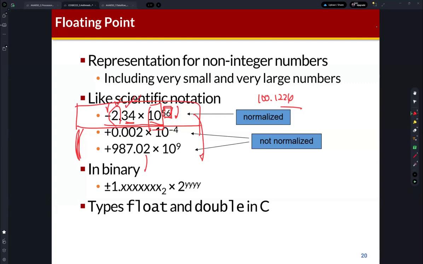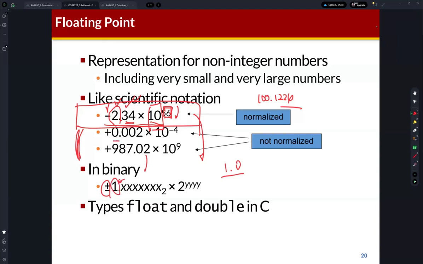Then how about the binary number? We can apply the same approach. Sign bit, and then one digit. So this is the normalized form. But in a binary number, we can have only 1 and 0. And if we use 0 here, then it's not the normalized form, right? So we need to use only 1 here.